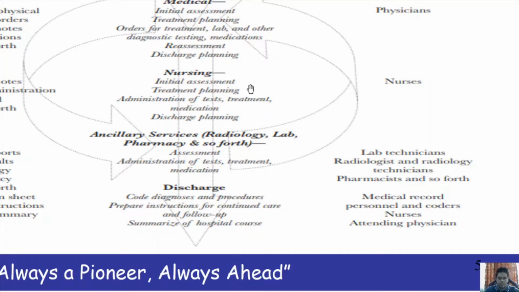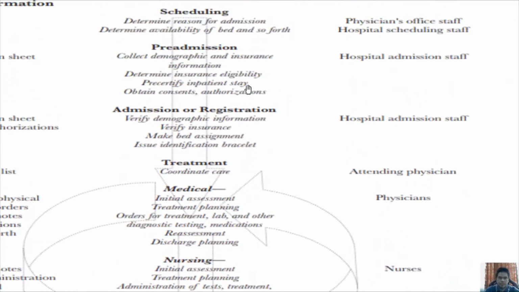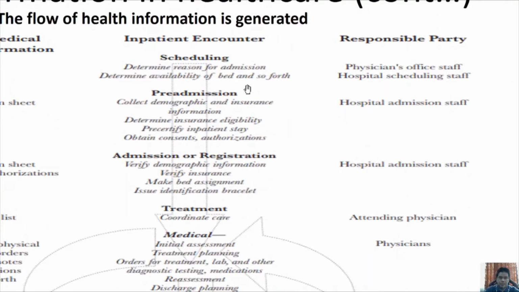So in general, like I said previously, healthcare information generation involves two main processes or main systems, administrative and clinical.